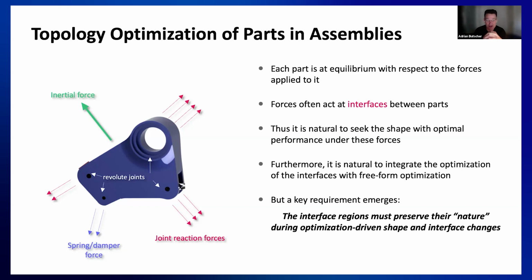It must remain a circle. And in fact, what's important about that circle is its diameter, its height, and its orientation in space. So these would be the only parameters that the optimization algorithm should be allowed to manipulate. This is what I mean by the topology optimization must preserve the nature of these interfaces.